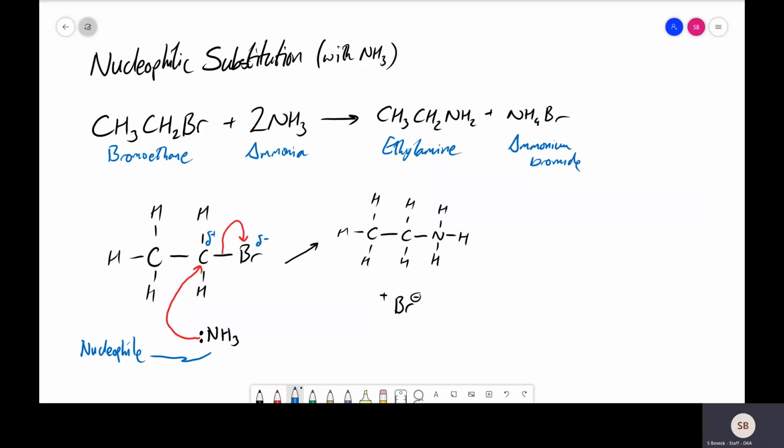So if we think what actually went on in this first step where it acts as a nucleophile, originally the ammonia had its lone pair of electrons. Both of those electrons belonged to the nitrogen. When it formed a bond with the carbon, suddenly it's now sharing those electrons.